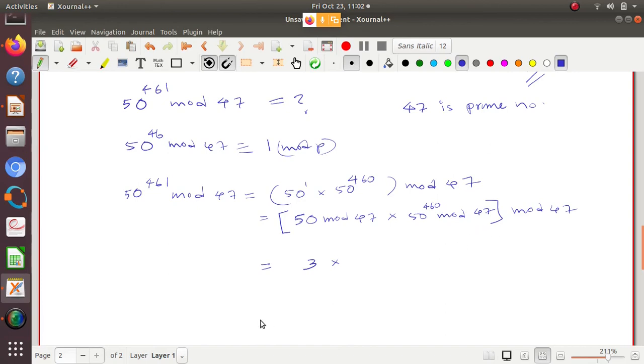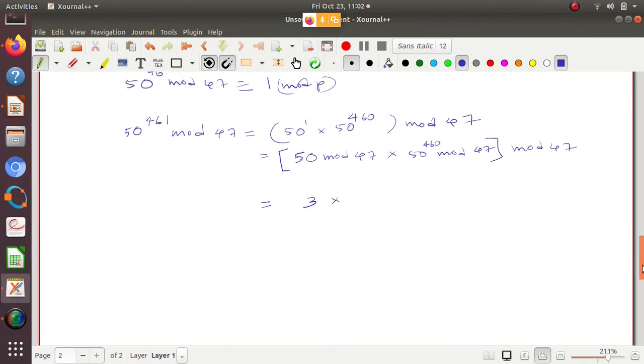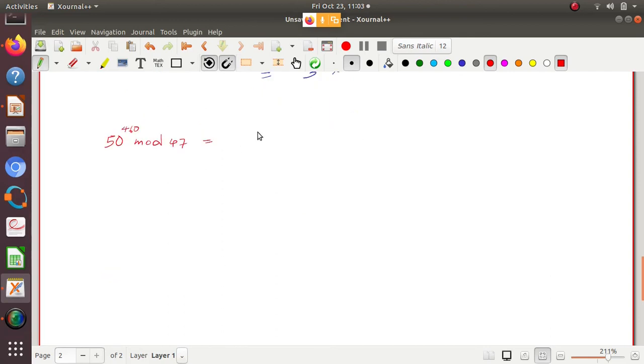To compute that, 50 to the power 460 mod 47 is the same as 50 to the power 46, all to the power 10, mod 47.